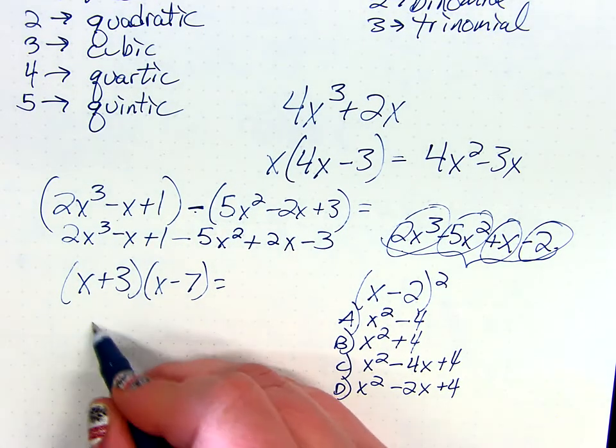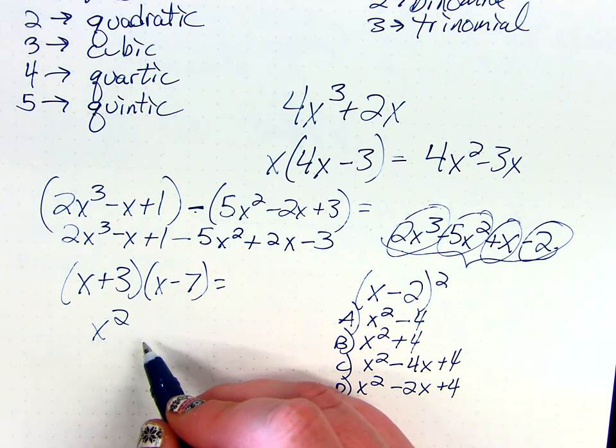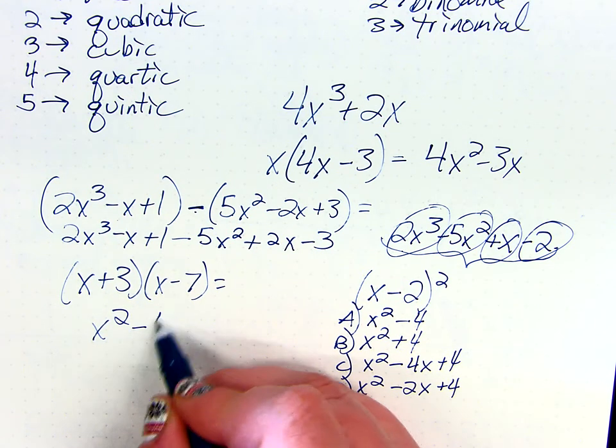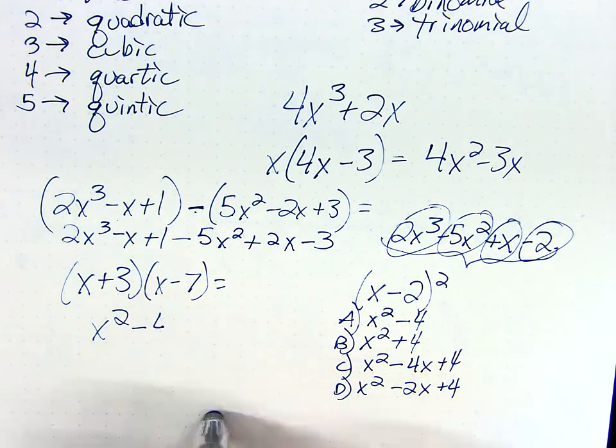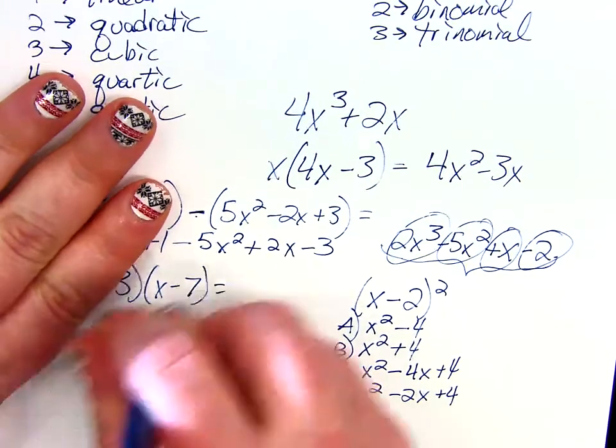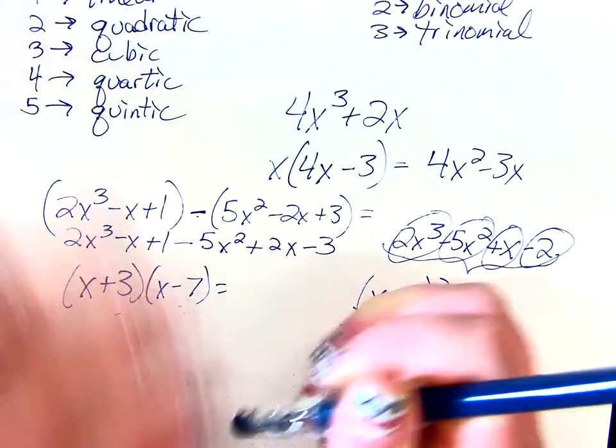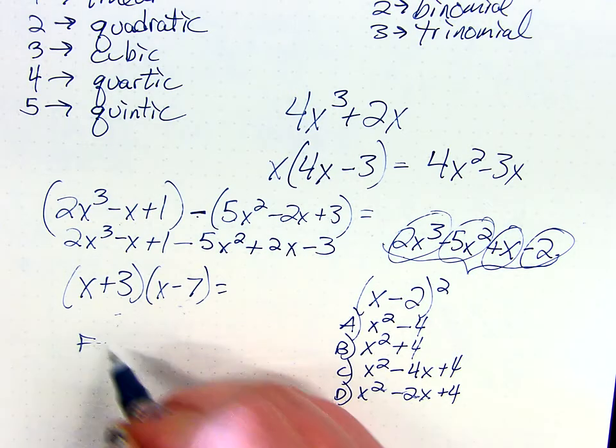What do you get? X squared, then what? Minus 4x. Well, the answer is... You want the answer? I guess I'll write out the FOIL, since it is a review.